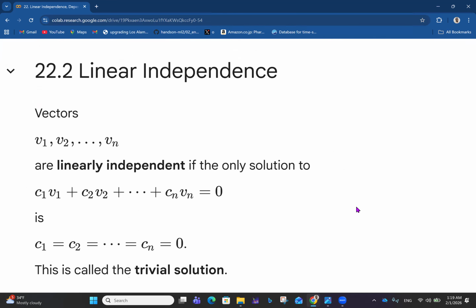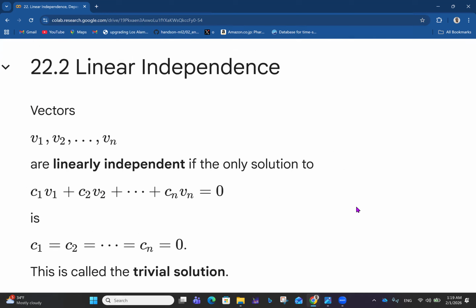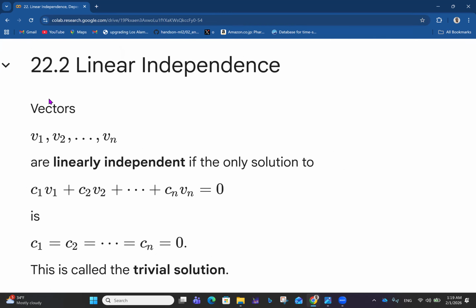The next thing we talk about is linear independence. If we have vectors v1, v2 up to vn, they are linearly independent if the only solution to c1 v1 plus c2 v2 plus all that plus cn vn equals 0 is c1 equals c2 up to cn equals 0.